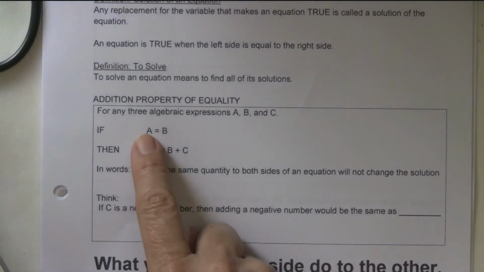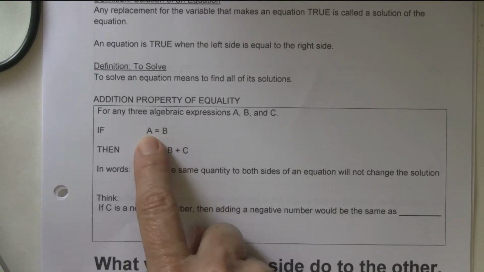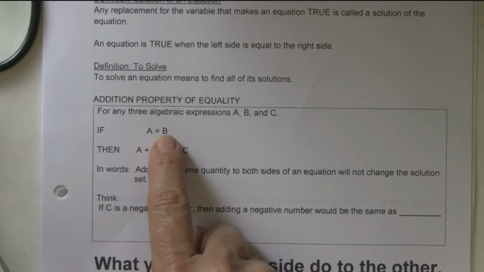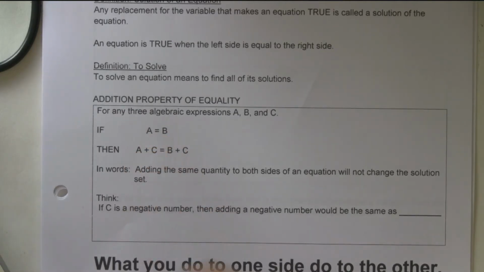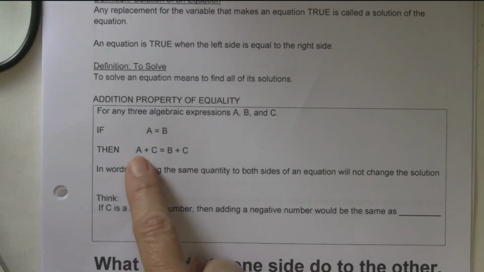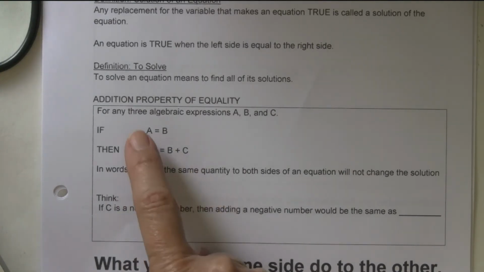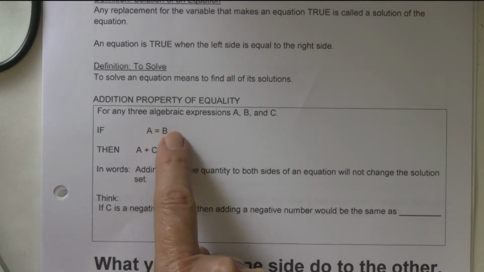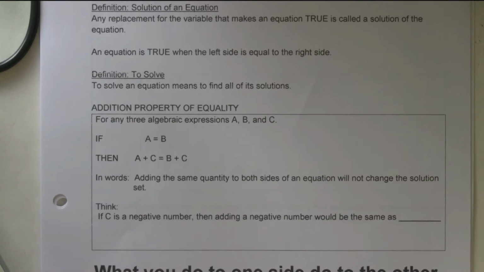It says if you start off with a true statement, A equals B, then I can add the same thing to both sides and it's still a true statement. In symbols, A plus C equals B plus C. So if these are balanced with one another, if this is true, then I can add the same thing on both sides.